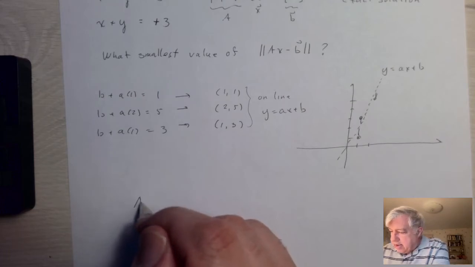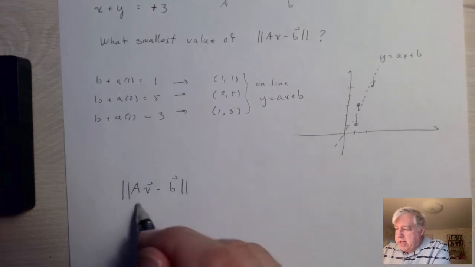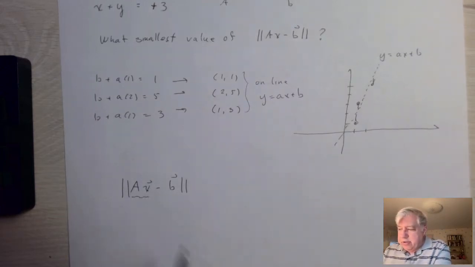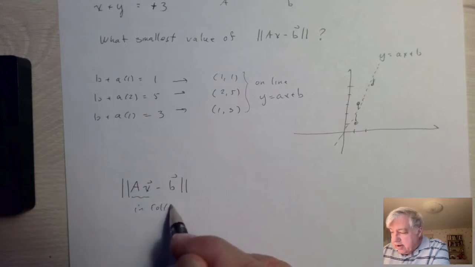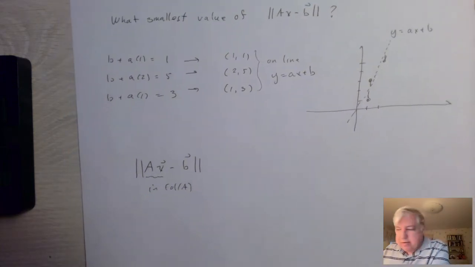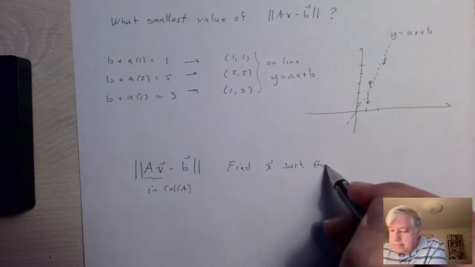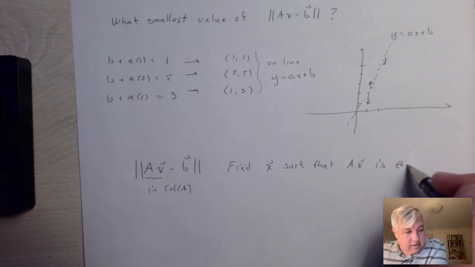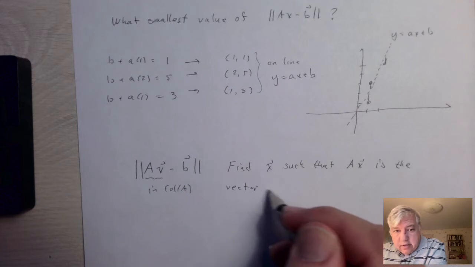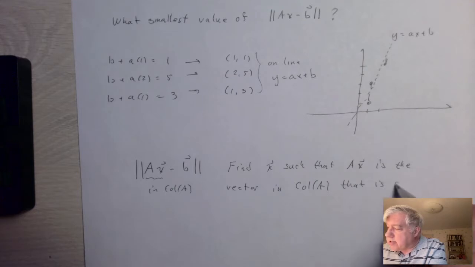Well, if we look at this again, remember that Ax is going to be a vector, and it's going to be in the column space of A. So another way to say this is, we want to find x such that Ax is the vector in the column space of A that is closest to b.